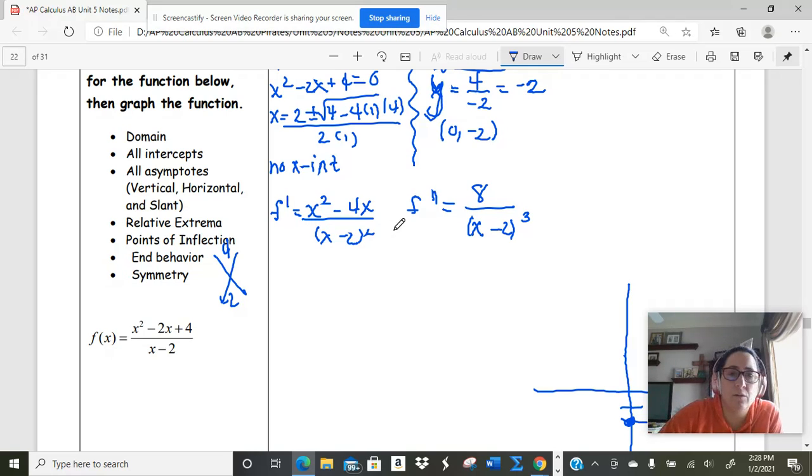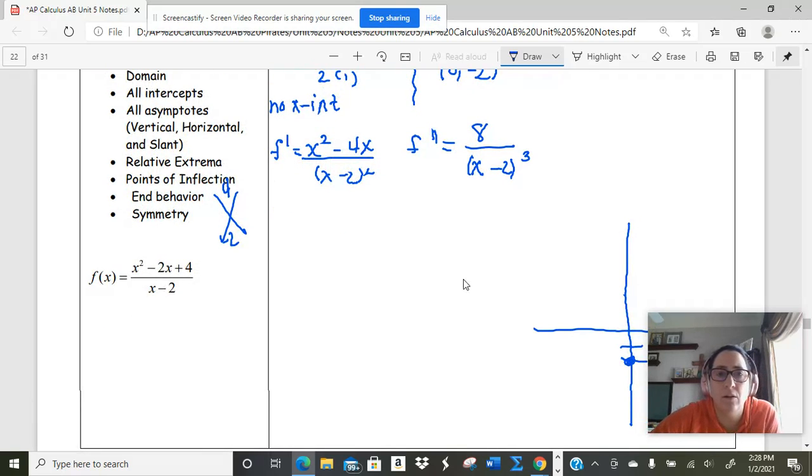All right, so let's see. Here is my first derivative. When I look at my first derivative, I want to find all the critical values. So I'm going to say, where is that equal to 0 or undefined? I can see that's at 0 and at 4 from the numerator and then at 2 from the denominator.